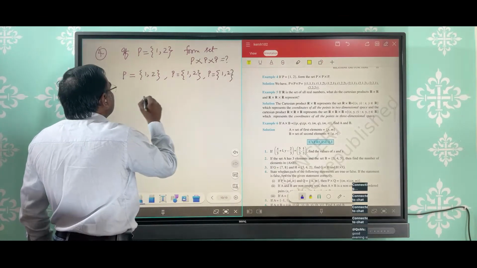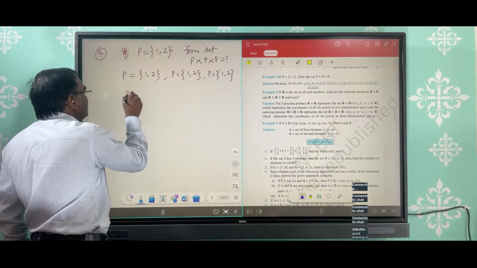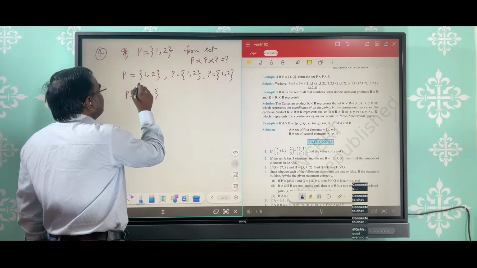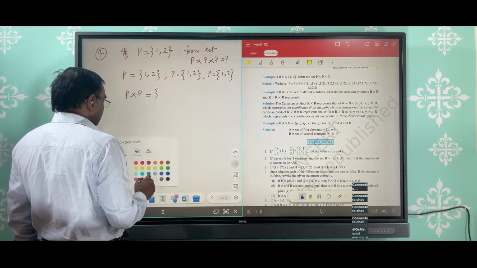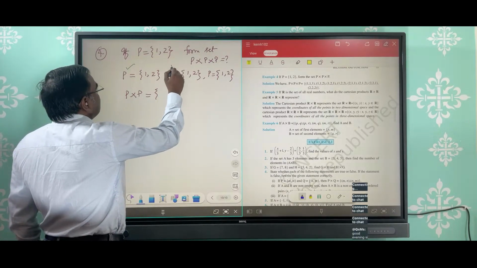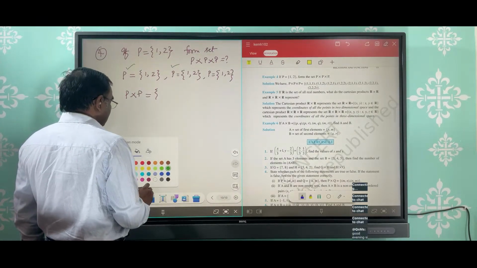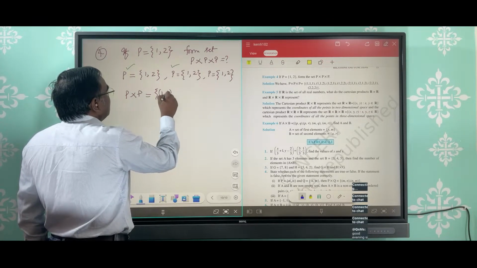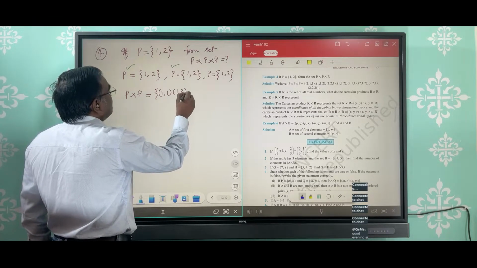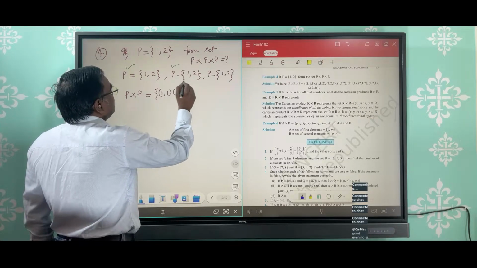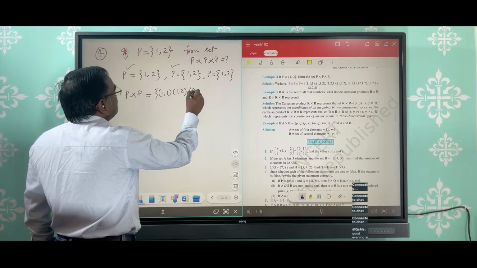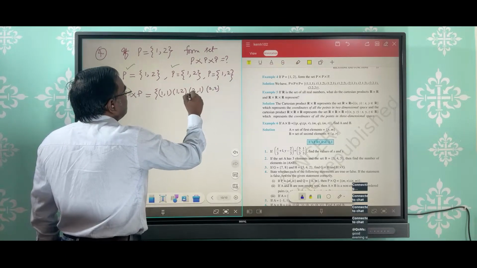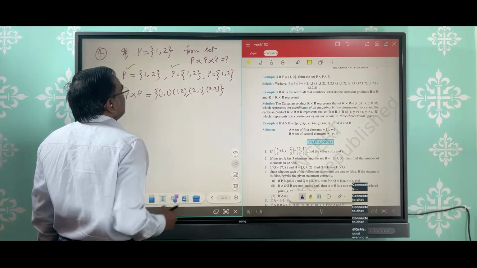For simplicity, firstly find P cross P. Let us take this and this. So you will get 1 1, 1 2, 2 1, 2 2. So this is the set P cross P.